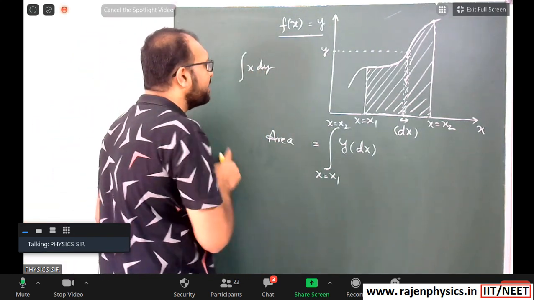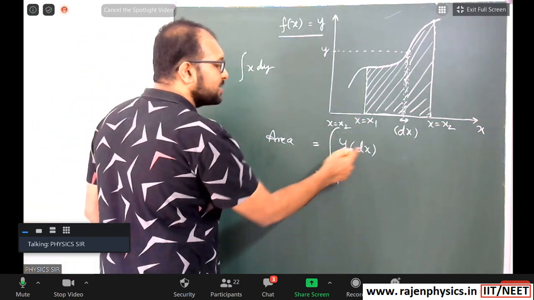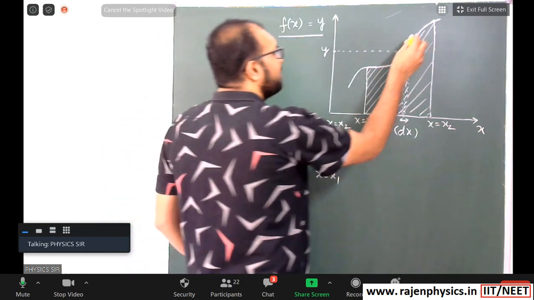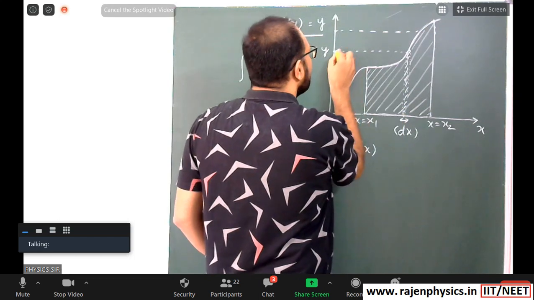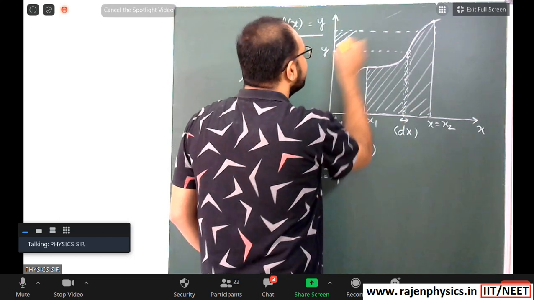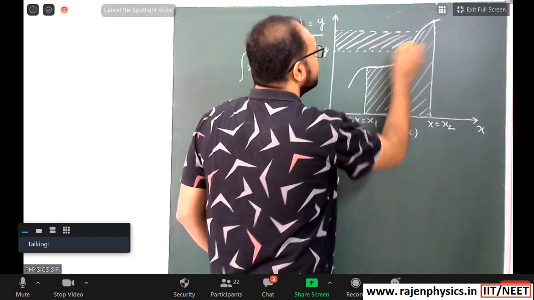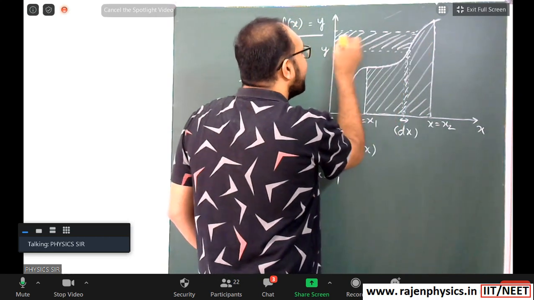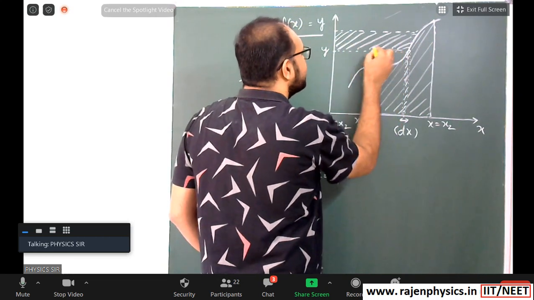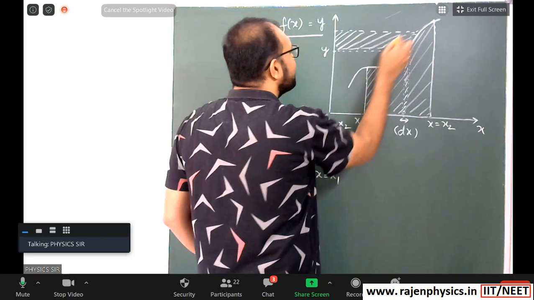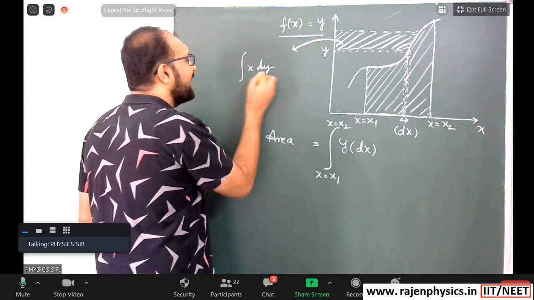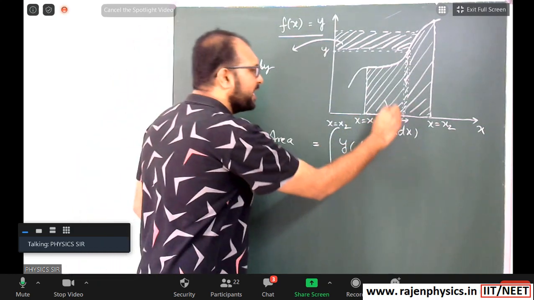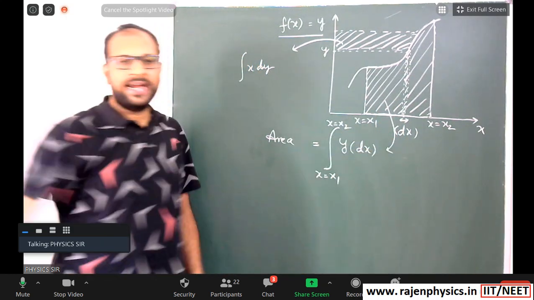Here this is y dx, right? X dy means, suppose this area you need, this shaded area. This shaded area is integral x dy. This other shaded area is integral y dx.